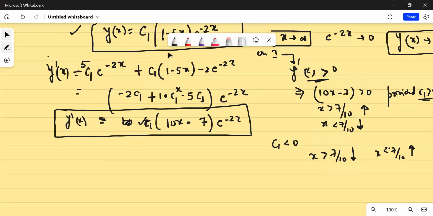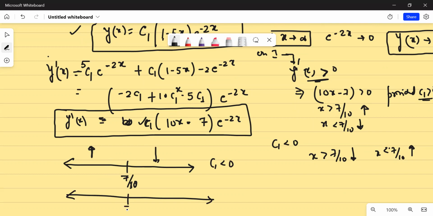So if this is my axis and this is my 7 by 10, then to the left of it my function would be increasing, and to the right of it decreasing, if c1 is negative.